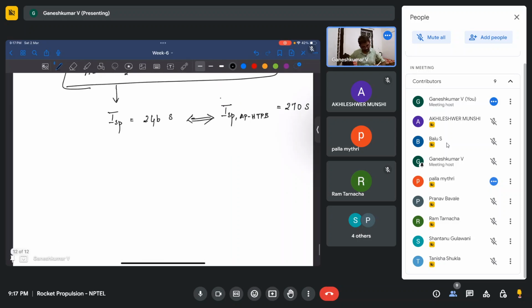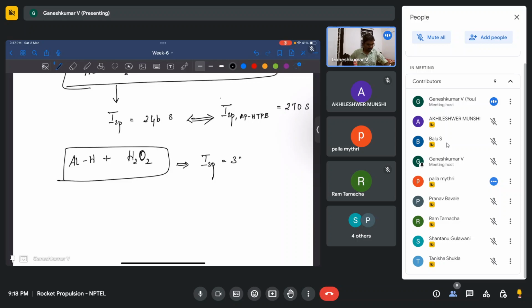There is another one people are exploring, which is aluminum hydride, or aluminum with hydrogen peroxide. Hydrogen peroxide is highly chemically reactive. People are working on this, and its ISP is very high, even higher than HTPB, around 320 to 330 seconds.